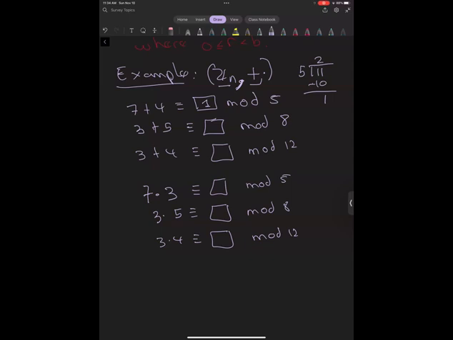The answer should be 1, right? 3 plus 5 is 8, modulo 8 should be 0. 3 plus 4 is 7, modulo 12, 7. 7 times 3 is 21, modulo 5 should be 1. 3 times 5 is 15, modulo 8 should be 7. 3 times 4 is 12, modulo 12 is 0. Okay, so I did those. Let me check the book. Yeah, everything is good.